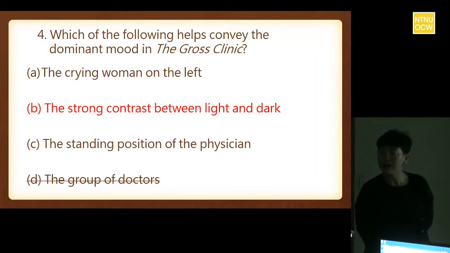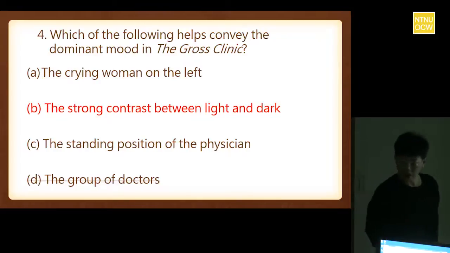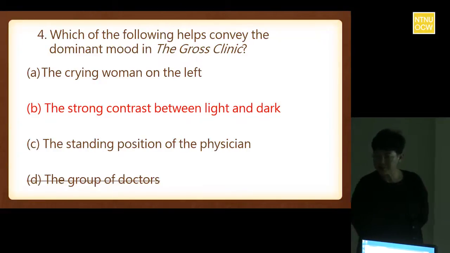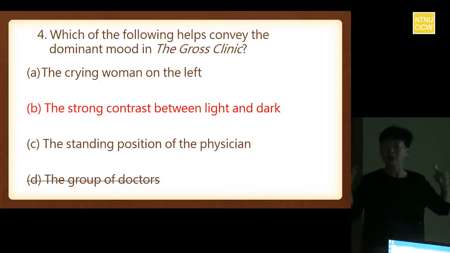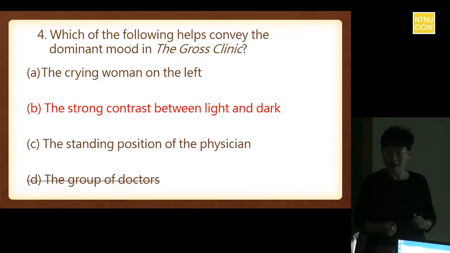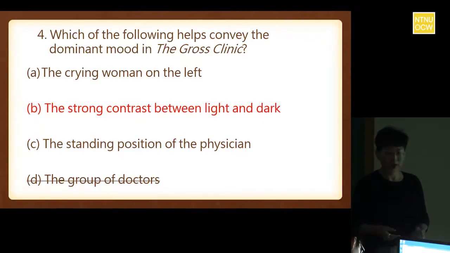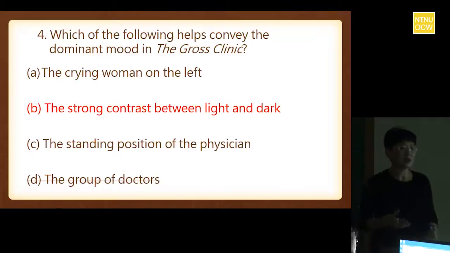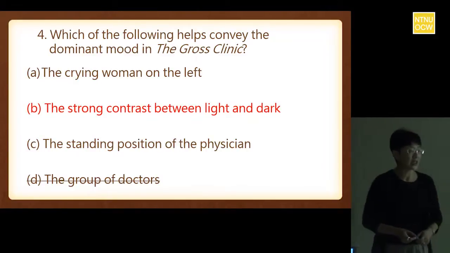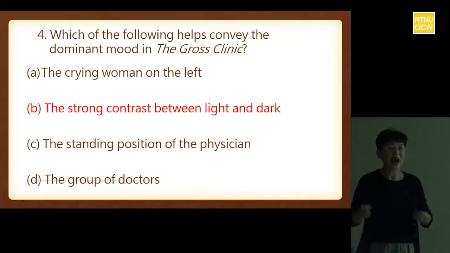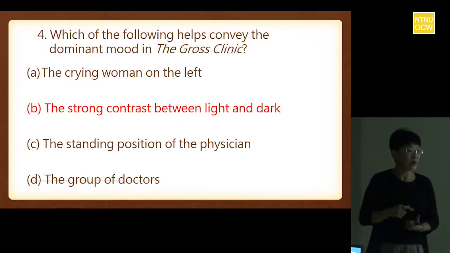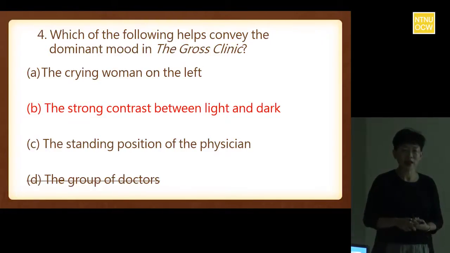What is the opposite mood, Meng Rui, in The Gross Clinic? The dominant mood is science. So what's the other one? The weaker, the less important, the not dominant mood. The woman.